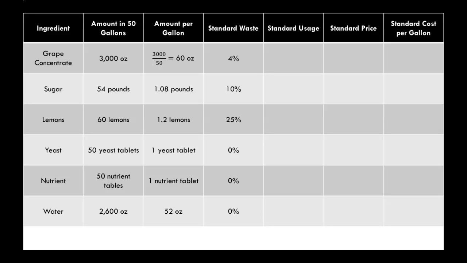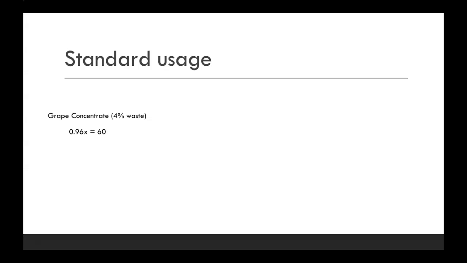The way that we're going to do this here, since there's 4% waste, we're going to take 0.96x, x is going to be our standard usage, equals 60. So we get the 0.96 by taking 100% minus our 4% waste. That's how we find the 0.96.